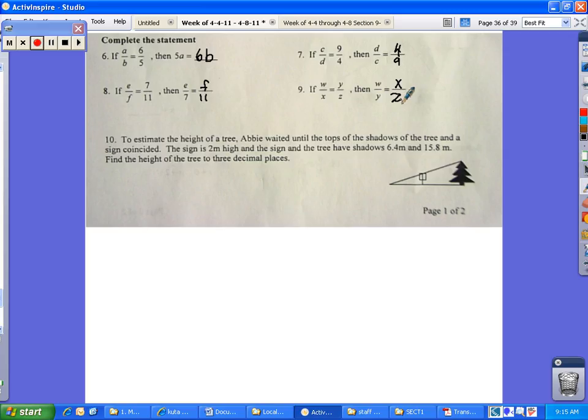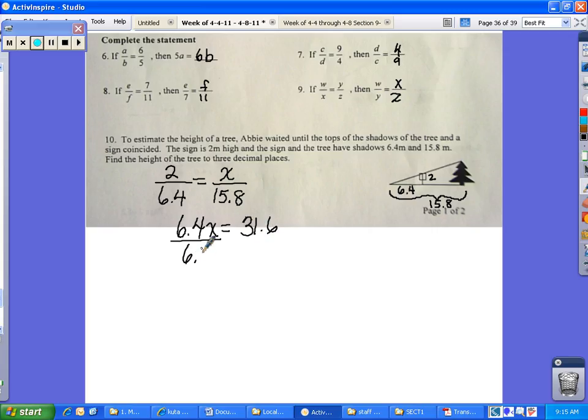All right, number 10, you know that the sign is 2 meters tall. You know that its shadow is 6.4 meters, and you know the shadow of the tree is 15.8 meters. So therefore, my proportion will be 2 over 6.4 equals x over 15.8. Cross multiply, you get 6.4x equals 31.6.